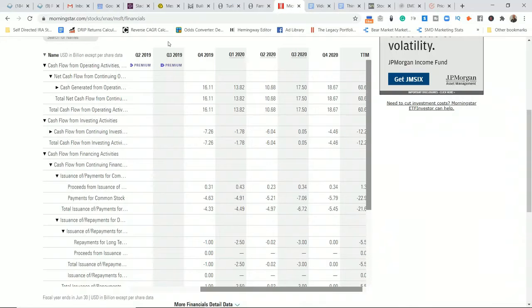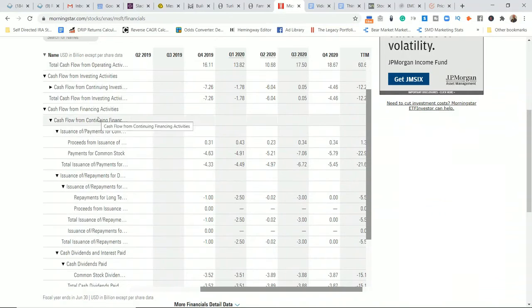All of it. This is the most important section though of the cash flow statement to me, because it shows you how much cash they raised from issuances, or net cash they raised from issuances and payments. Issuances of stock or payments for stock, like they're buying back stock. Sorry, again, I don't know why this doesn't say buybacks instead of payments for stock.